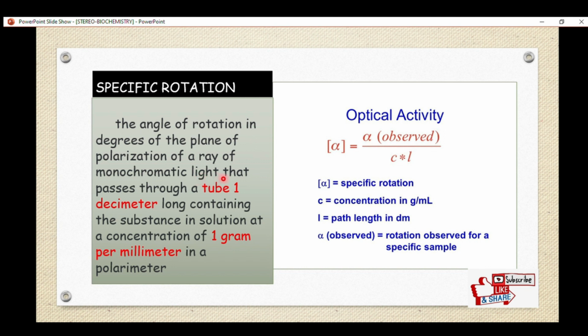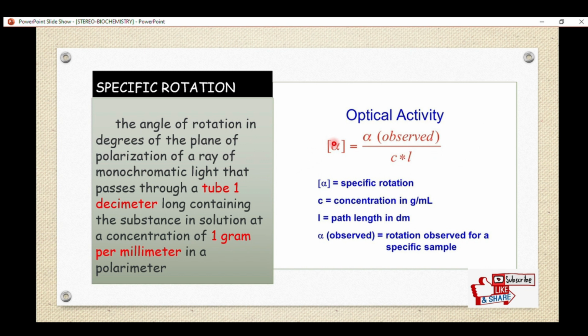It's just from one source, so it's a monochromatic light that passes through a tube of 1 decimeter long, 1 dm, containing the substance in a solution at a concentration of 1 gram per milliliter in a polarimeter. All right, so this whole thing summarizes to give this simple equation.